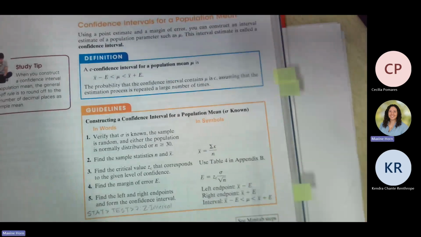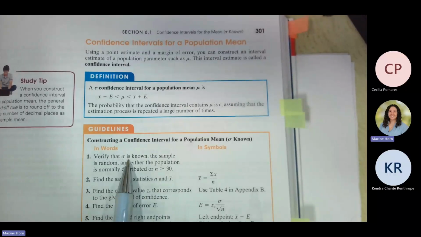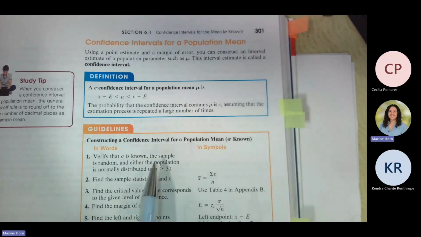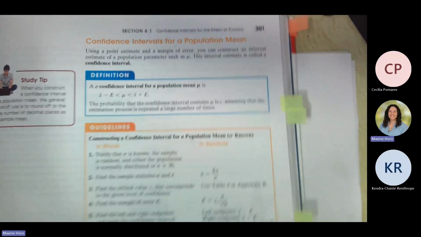So we know that if we're allowed to, we're going to be using the z-interval, right? We're always coming back to this. If we know our population standard deviation, we're going to be using a z-interval. But we have to check that we have actually met all of the requirements to be able to use the z-interval. So again, we go back and we say, well, what are those requirements? The requirements are that we know the population standard deviation, check. The sample is random.